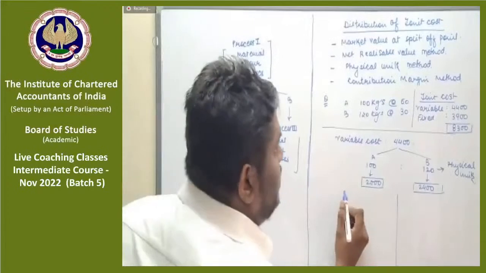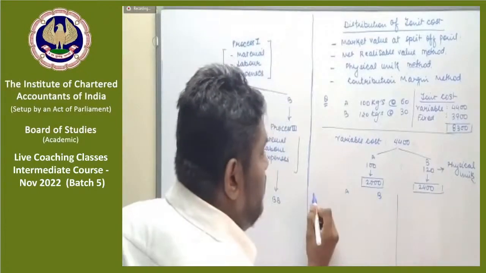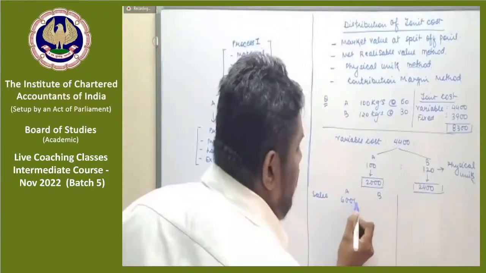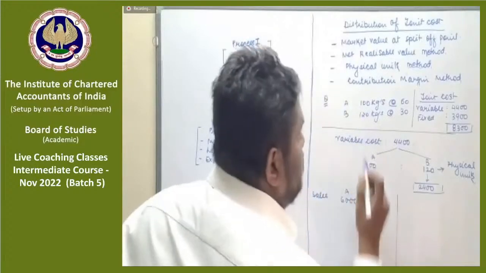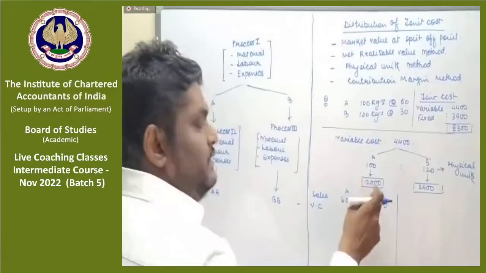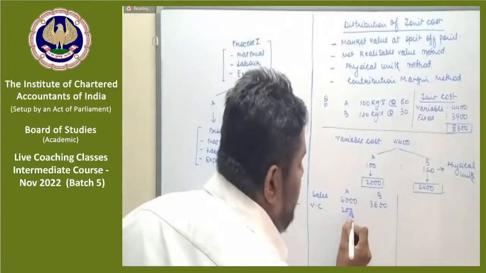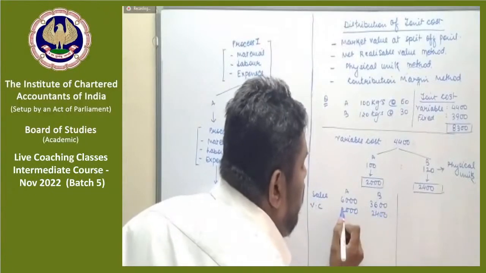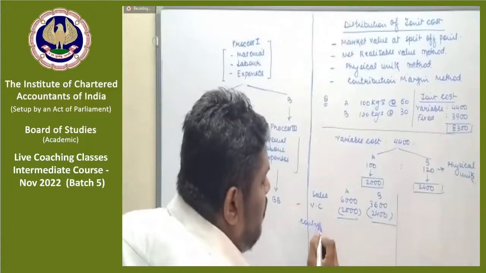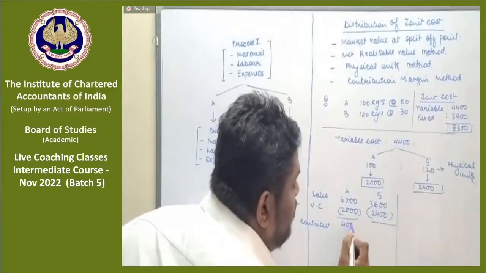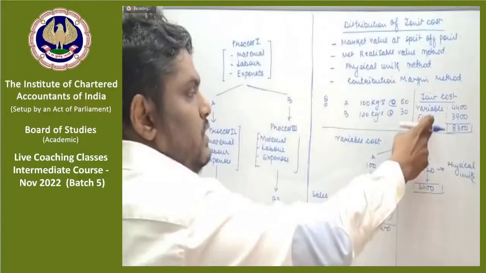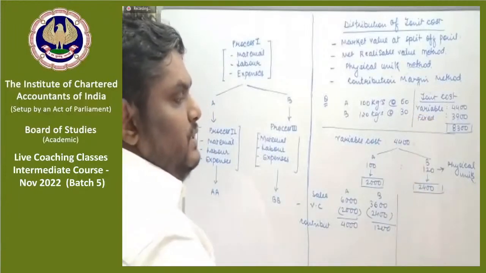Thereafter, we'll calculate the contribution, that is A and B sales, that is 6,000 and 3,600, minus the variable cost as distributed, that is 2,000 and 2,400. We will get the final figure, that is contribution, that is 4,000 and 1,200. So this fixed cost will be distributed in the ratio of 4,000 is to 1,200.